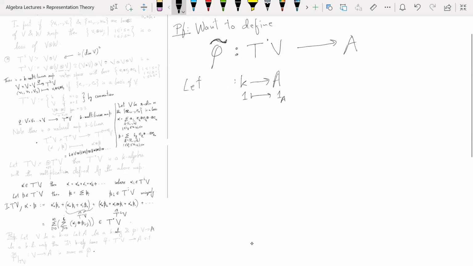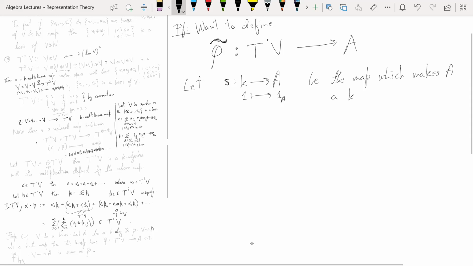Maybe S for structure map. So S is the map which makes A a K algebra. That is what K algebra means: a ring together with a map from K to A, which sends 1 to 1_A, and this map should be a ring homomorphism.